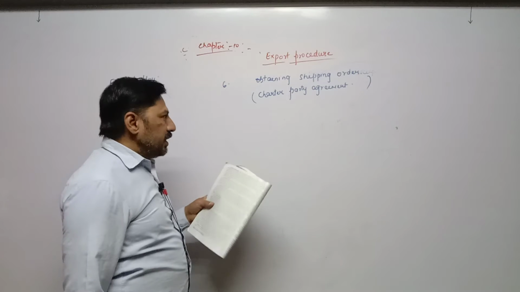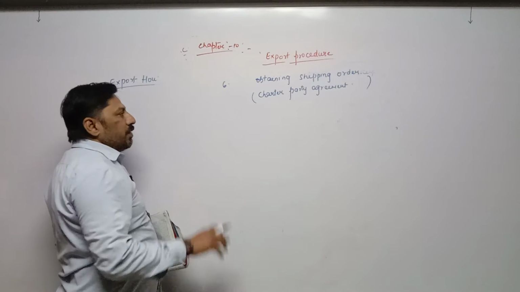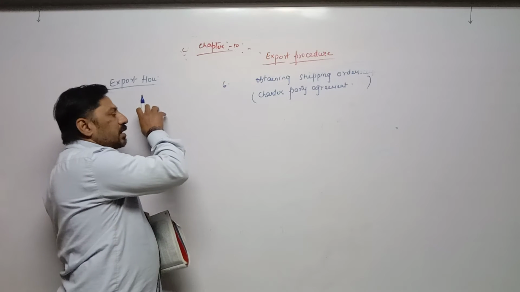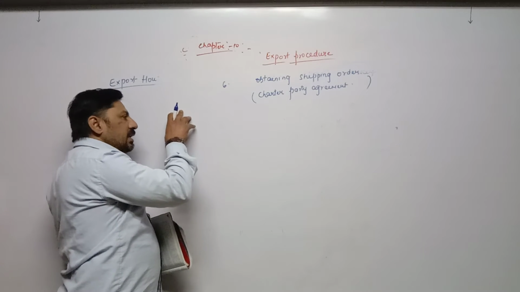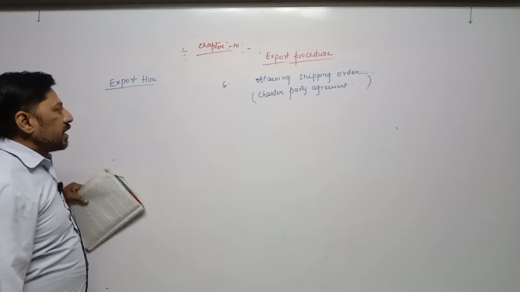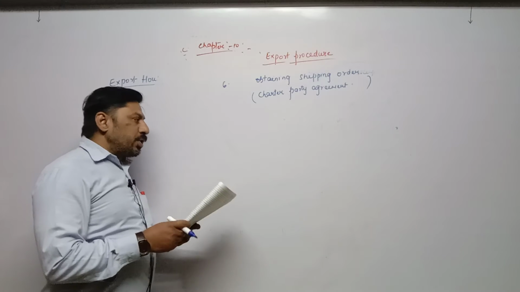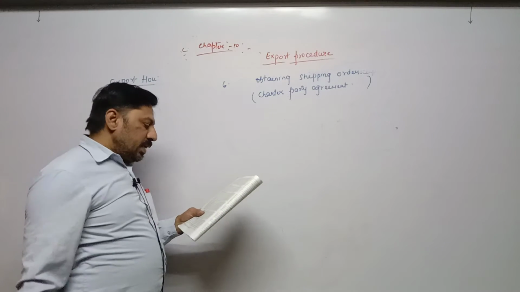In short, the exporter who has to send goods to the importer first needs to contact the shipping company and provide all relevant information about the goods they are exporting.